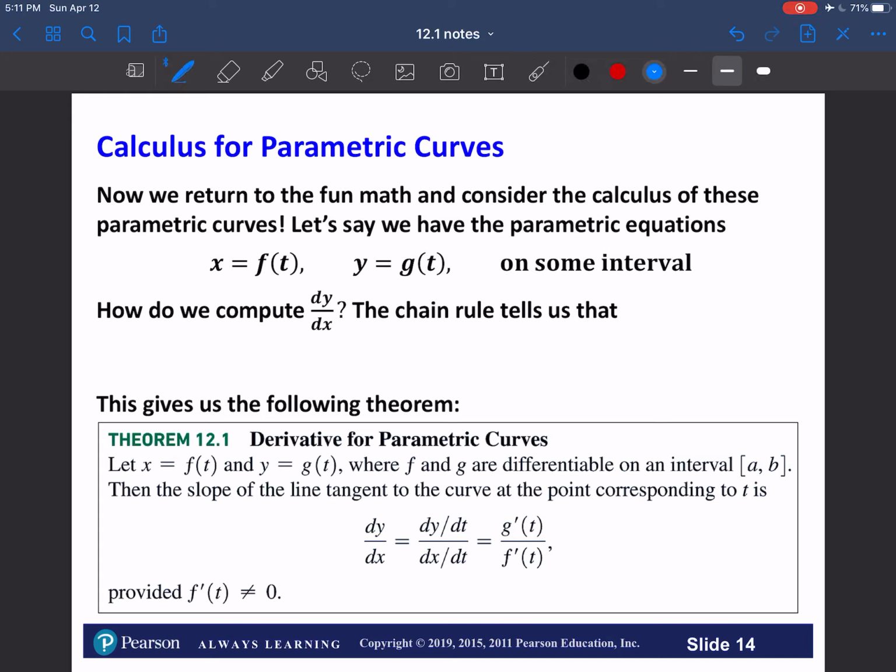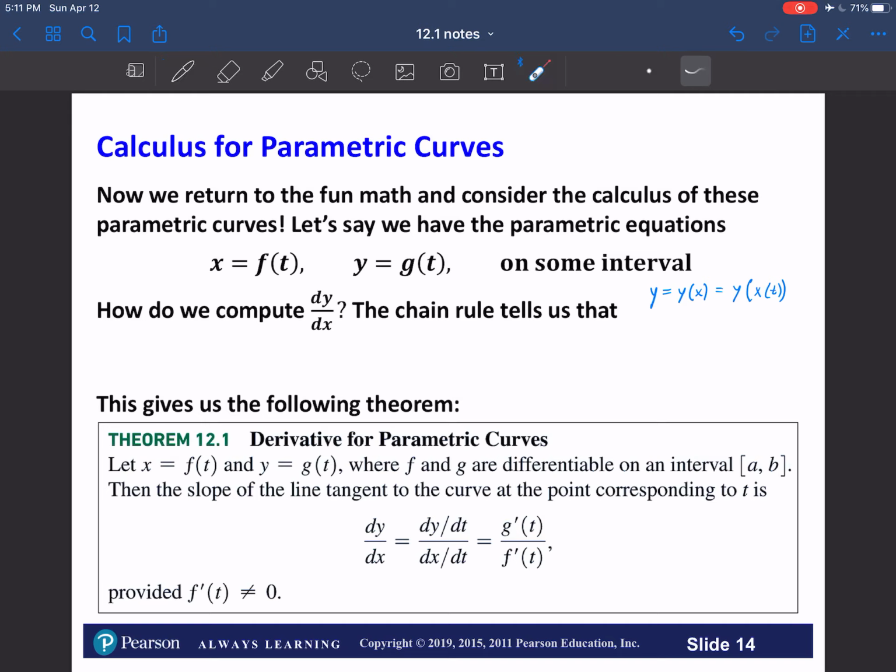So first of all, I'm going to note that if we have a function, we can write that y is equal to y of x, but x is really just a function of t, so we could write y of x of t, and now it looks like a composition of functions.